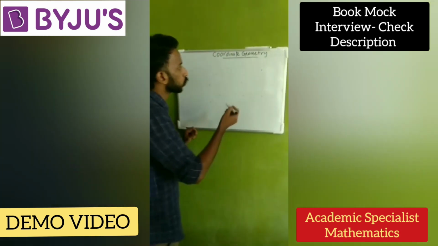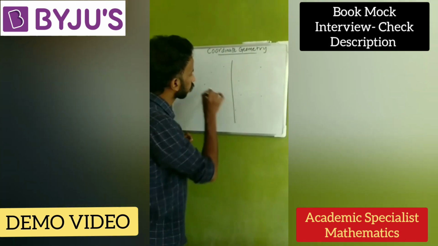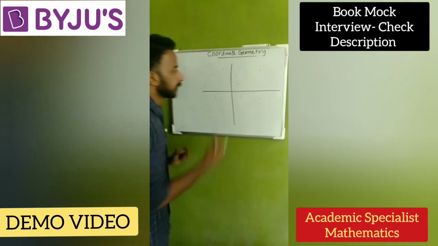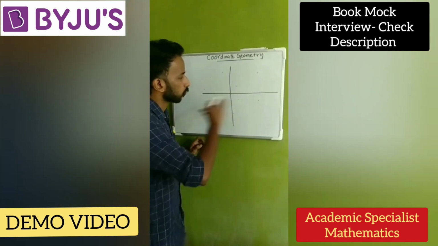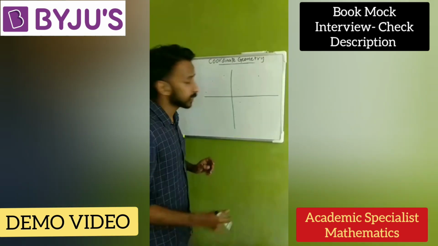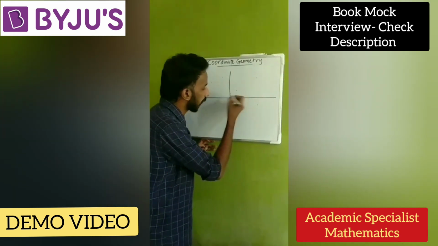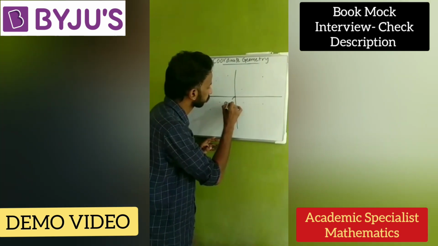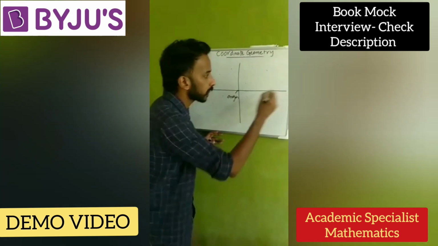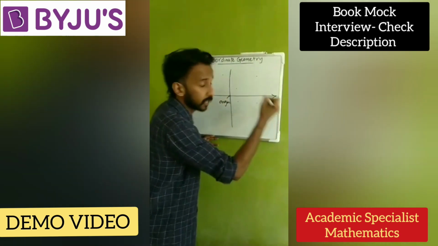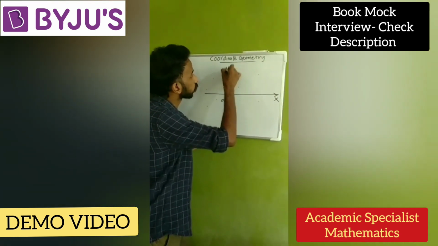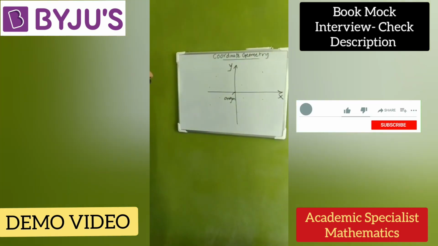For that, we use a tool that is the coordinate axis. This is actually two number lines perpendicular to each other, and the intersection of the axes is called the origin. The horizontal line is called the x-axis and the vertical, or standing, line is called the y-axis.